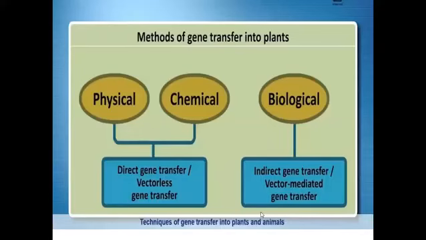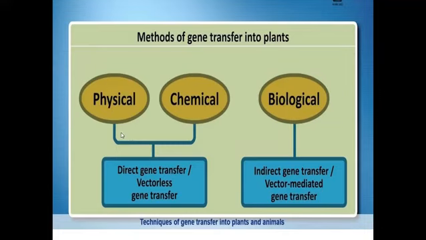Now, the methods of transferring genes into plants. Mainly 3 types of gene transfer techniques are present in plants. They are physical gene transfer technique, chemical gene transfer technique, and biological gene transfer technique.